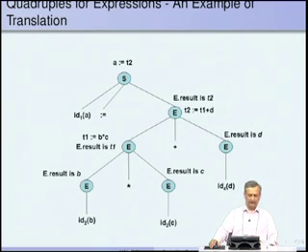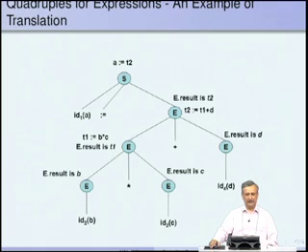At the first level we have ID, then equal to and E. At the second level we have E plus E, and at the third level we have E star E, and at the fourth level we have the identifiers, right. So, the intermediate code generation actually goes in a bottom up fashion.